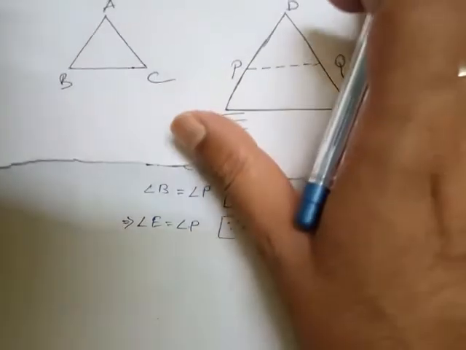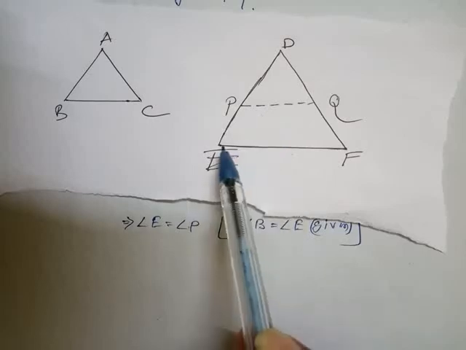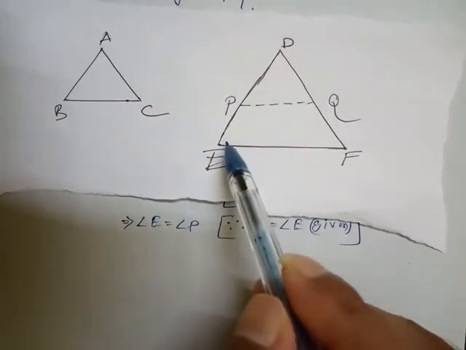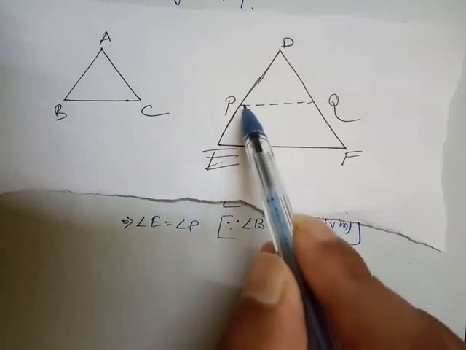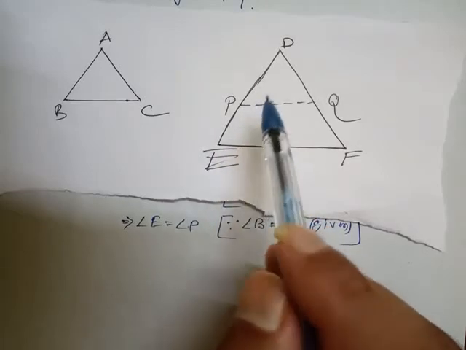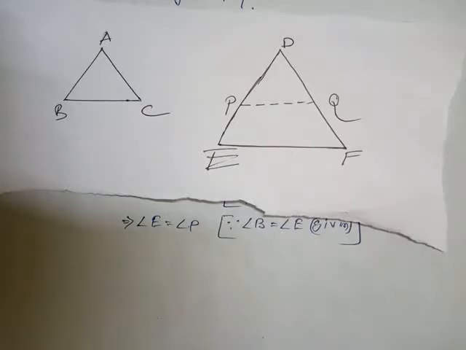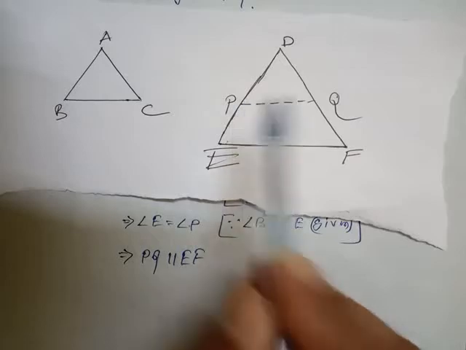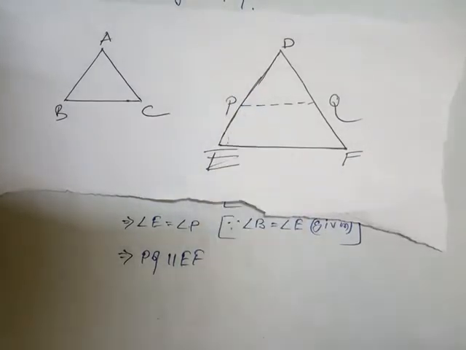Now look in this diagram, angle E equals angle P. If this is equal, then we can say that PQ is parallel to EF. So we'll write here, implies PQ parallel to EF. Why? Because angle E and angle P are corresponding angles and they are equal.